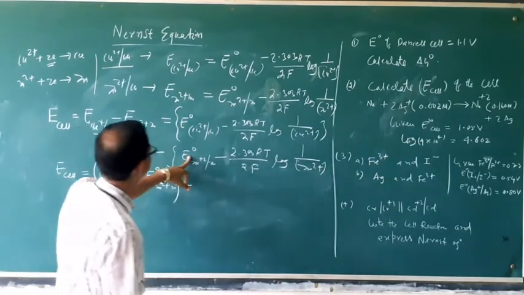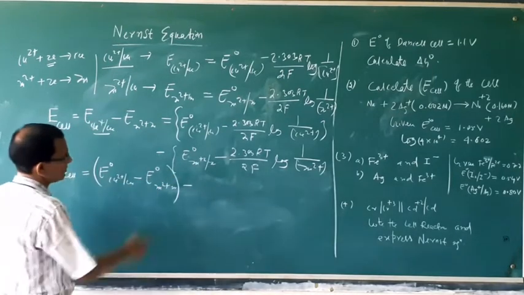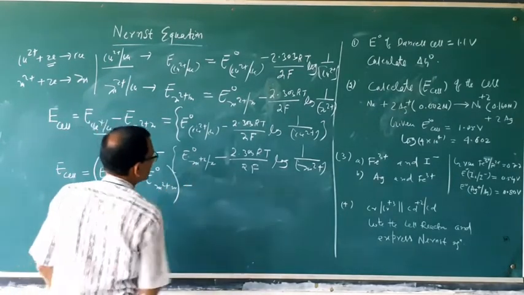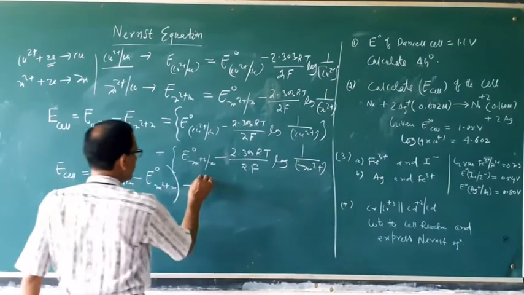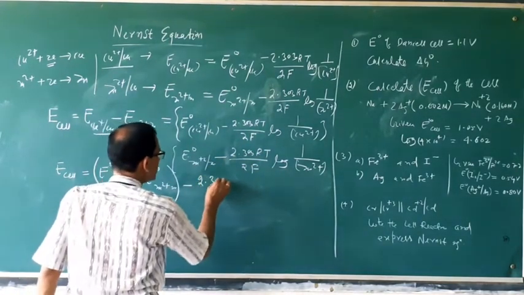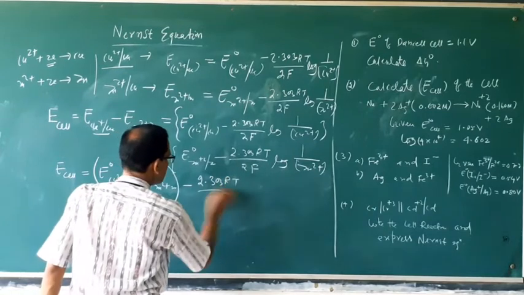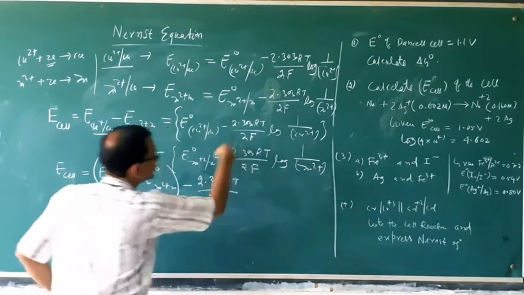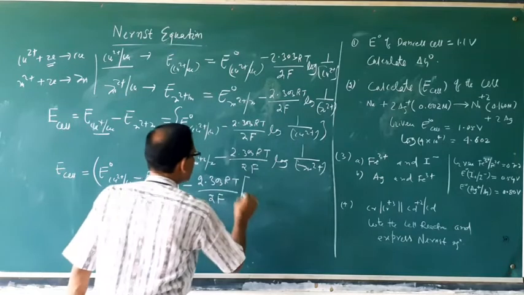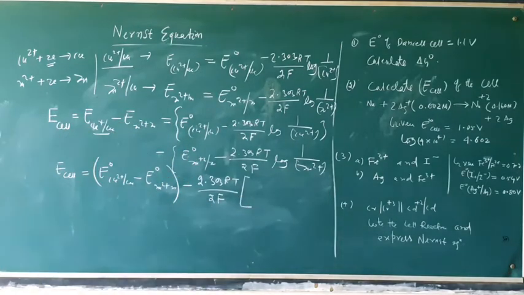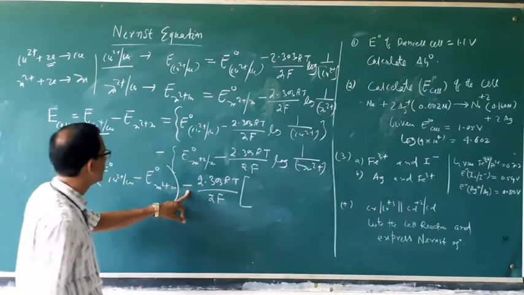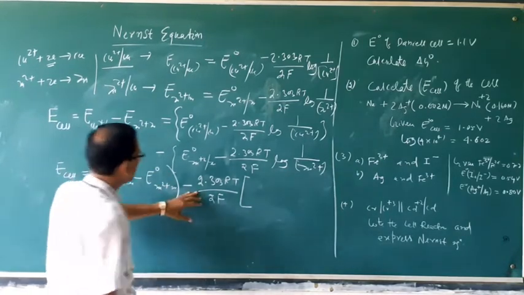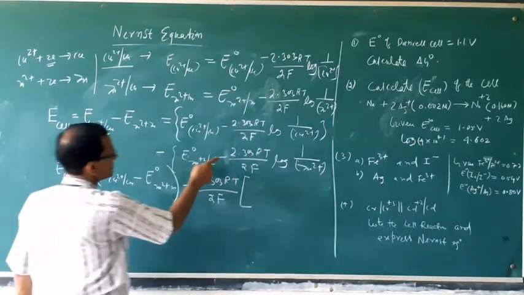What is left? When you are multiplying the minus sign, 2.303 RT by 2F is common for both. Then take the bracket, where the minus sign will come.